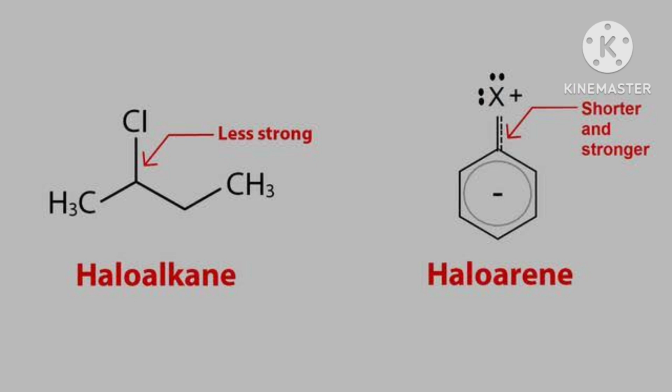Now in the p orbital 3 electrons are there, each p having 1 electron: px, py, pz. Its total capacity is 6; p can accommodate 6 electrons. Then px, py, pz have 1 electron each, and 1 electron is remaining in 2s. Then total 4 orbitals are there.